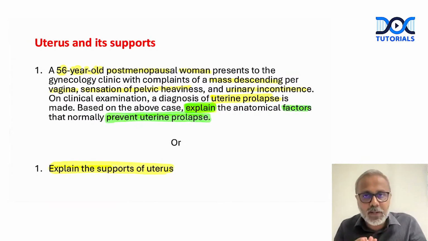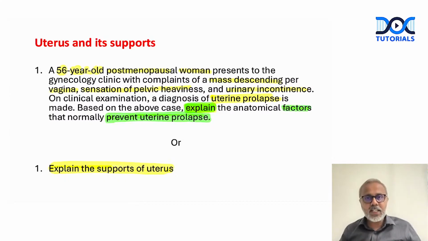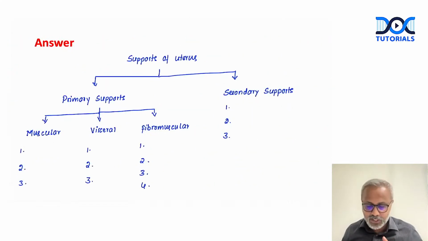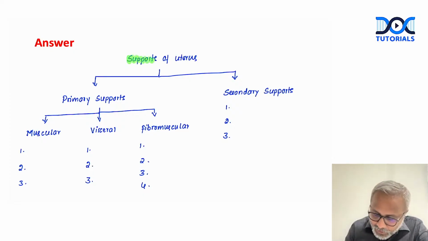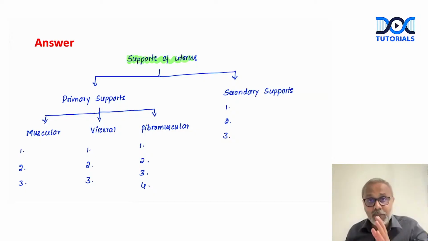And how do we begin? Remember, any question which begins with explaining factors, or explaining the differences, you need to begin well. So how do we begin this answer? First, start with a flowchart which gives us the list of structures or factors that support the uterus. We can always begin with the supports of the uterus grouped as primary supports and secondary supports.